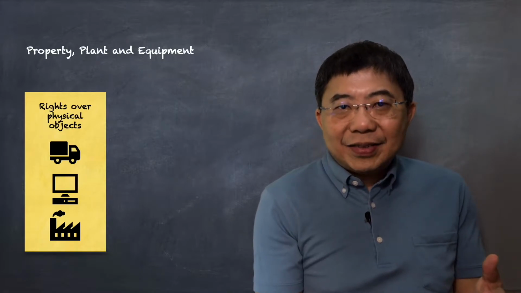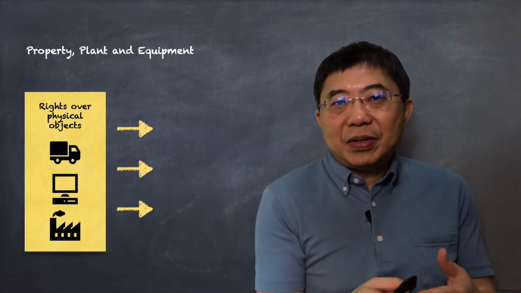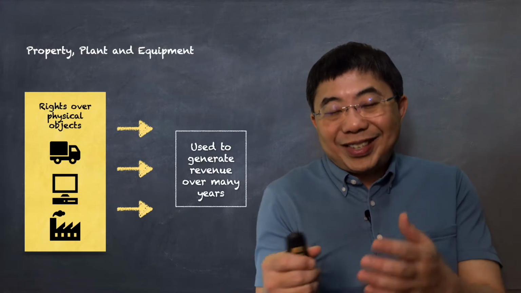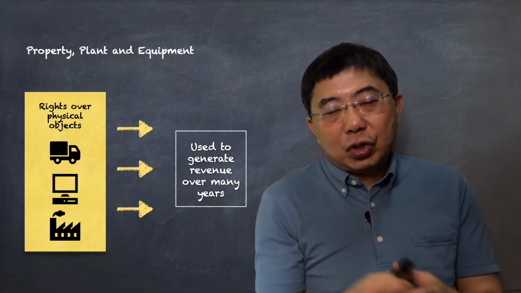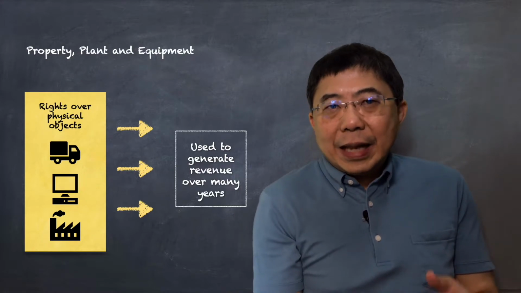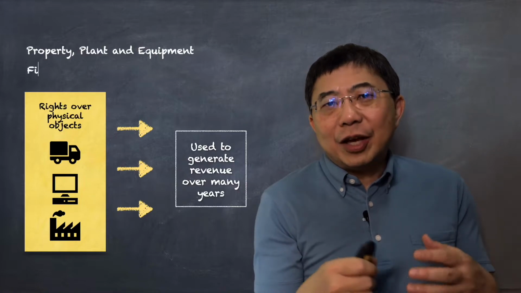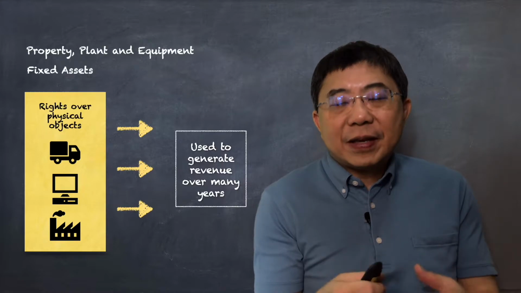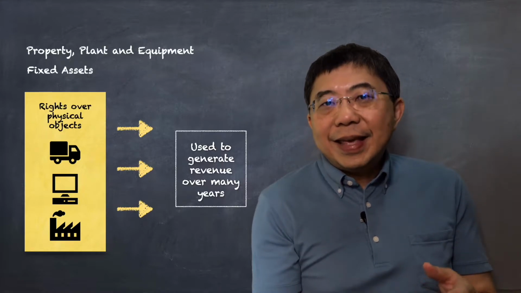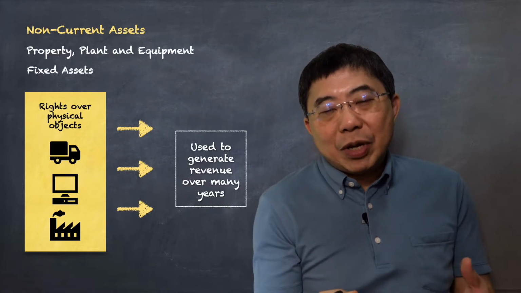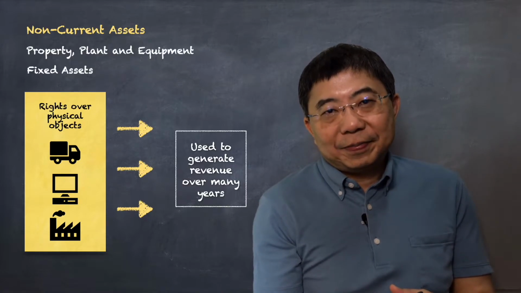These physical assets are used in the business to generate revenues through the sale of goods and the provision of services over many years. Because these assets are used over many years, they are often called fixed assets, and they are classified as non-current assets in the statement of financial position.